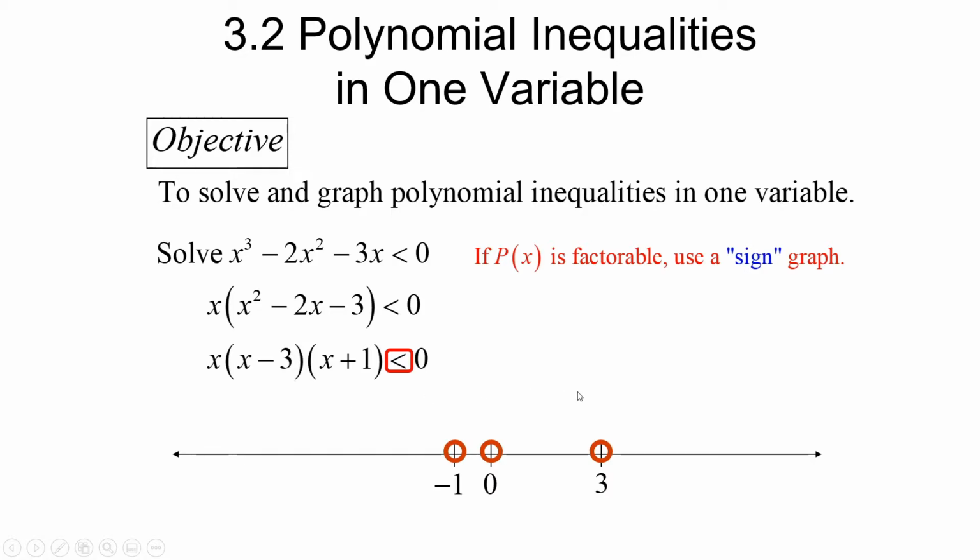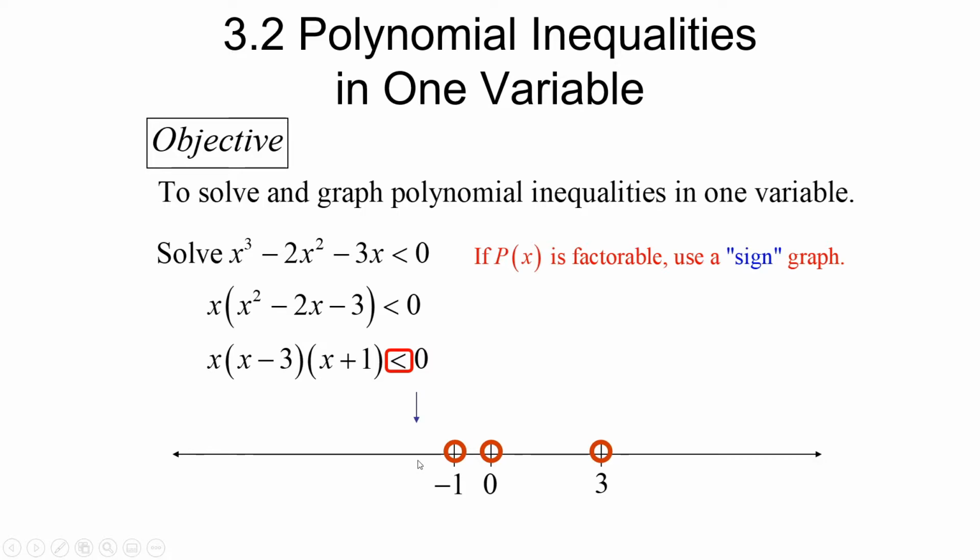Here's how we use the sign graph to answer this question. When is x to the third minus 2x squared minus 3x less than 0? Just pick an interval between our open dots. I can choose any x value less than negative 1, maybe negative 2. All I do is plug that into my factors to see if these three factors will give me a positive or a negative output.